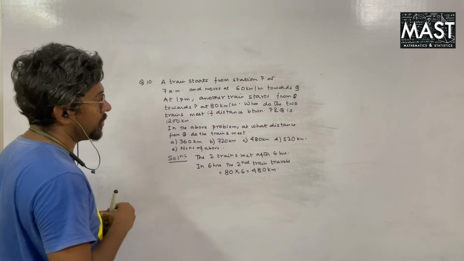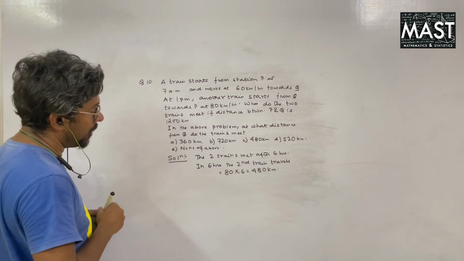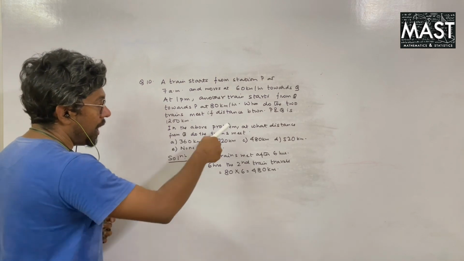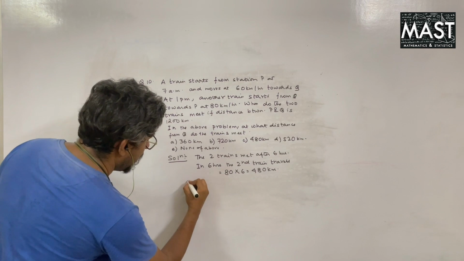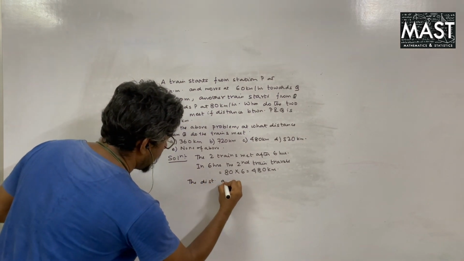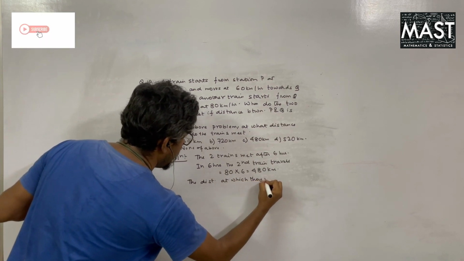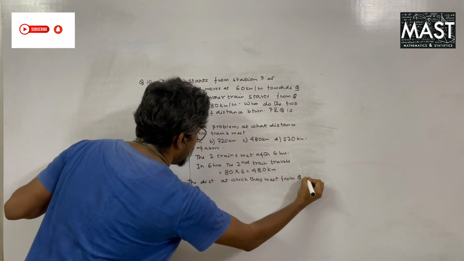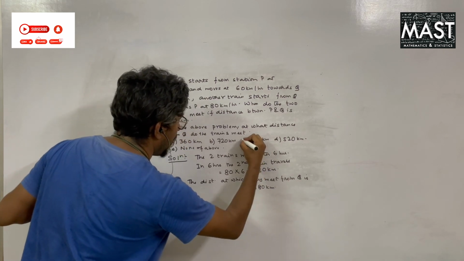That means the second train, which is starting from Q, would be moving 480 kilometers. Since the question asks at what distance from Q the trains meet, the distance at which they meet from Q is 480 kilometers. That means option C.